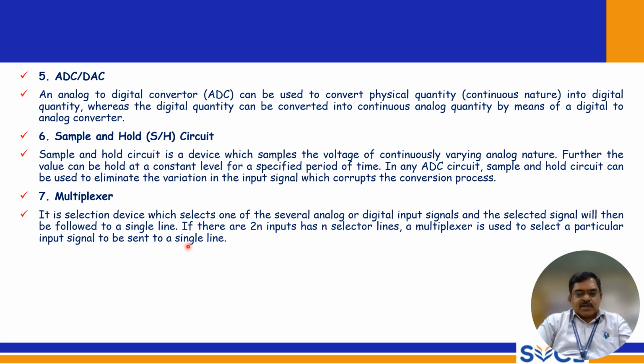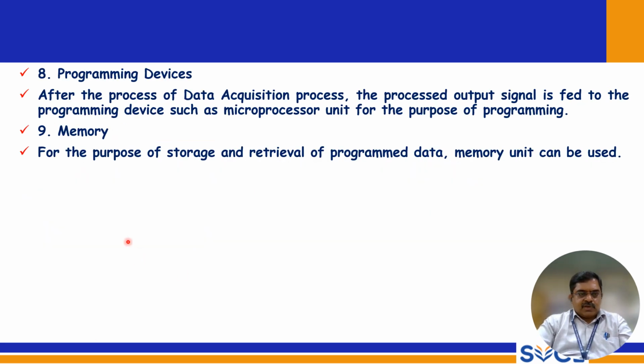So it is a line selector. Next are programming devices. After the data acquisition process, the processed output signal is fed to programming devices such as a microprocessor unit for the purpose of programming. For the storage and retrieval of programmed data, a memory unit can be used.